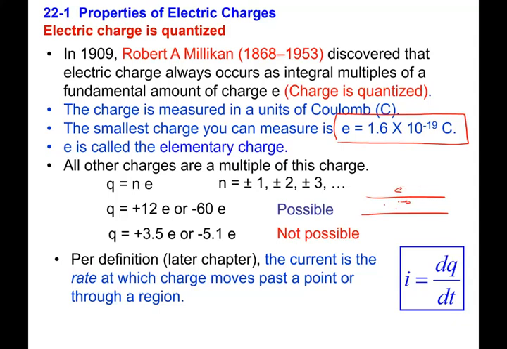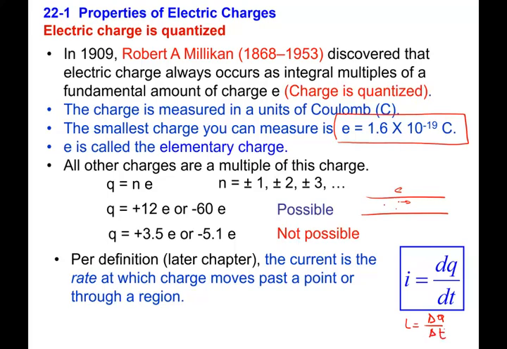If you count per unit time how many charges are flowing, you are determining the current. So if the dt is large, you can write that the current is delta q over delta t. So the amount of charge flowing per unit time.